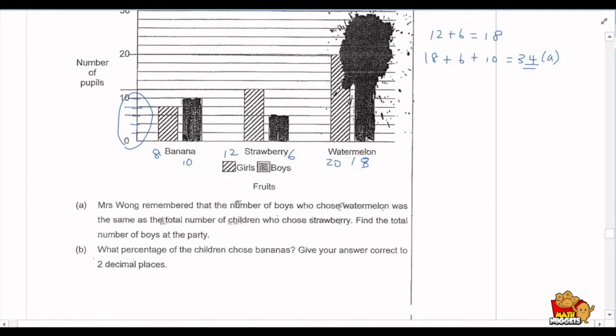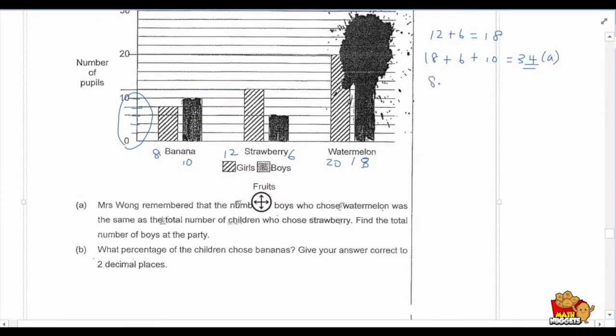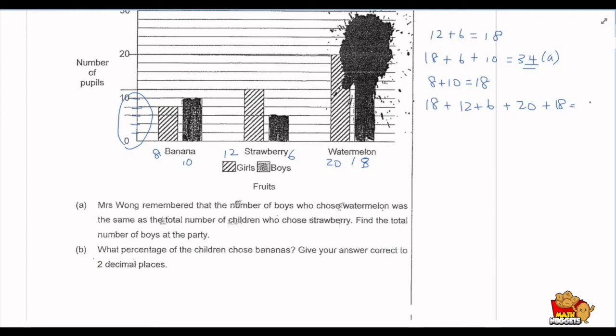So bananas would be 8 plus 10, 18 for bananas, and the total children would be 18 plus 12 plus 6 plus 20 plus 18. Let's find out total children. 74.